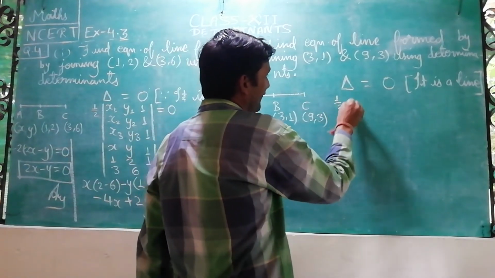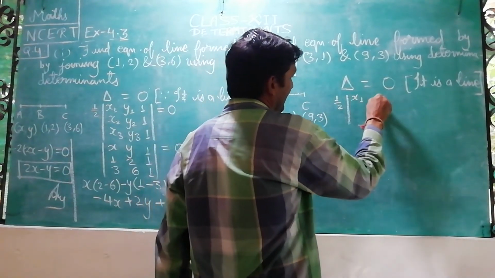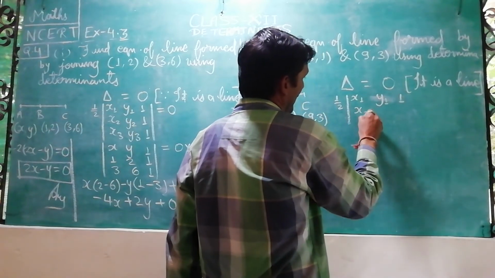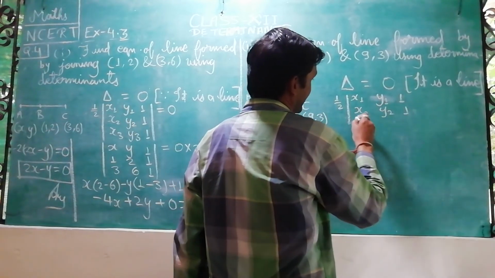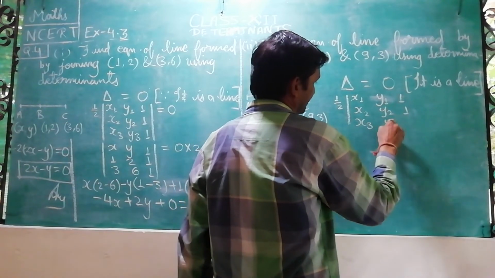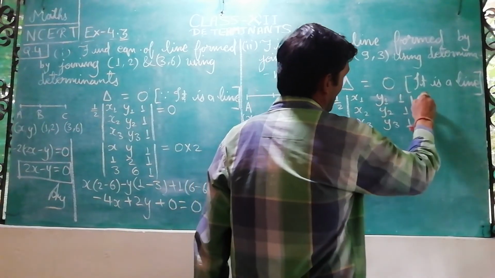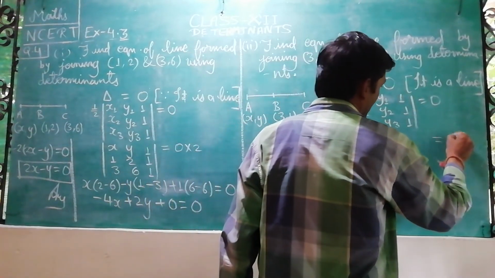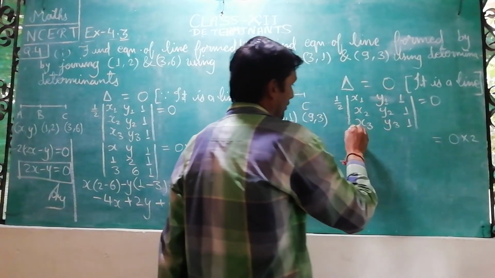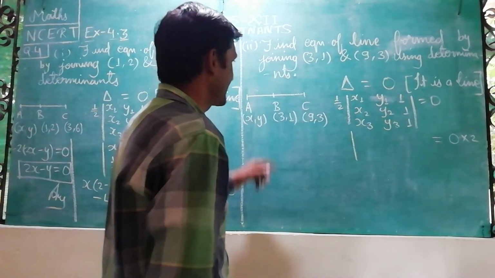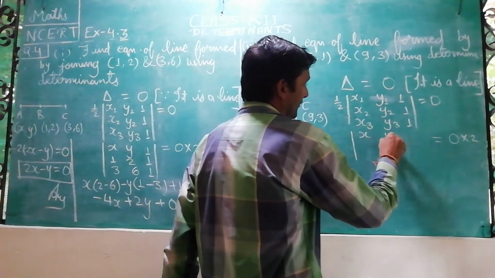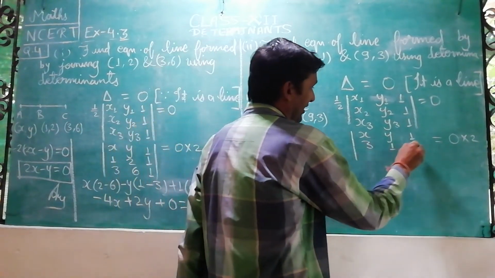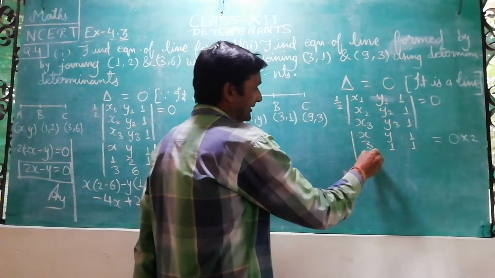So we write half into the determinant with rows x1 y1 1, x2 y2 1, and x3 y3 1, equal to 0. Now this 2 is multiplied by that 0, so it is 0 into 2. Now the values: x y 1, 3 1 1, and lastly 9 3 1.